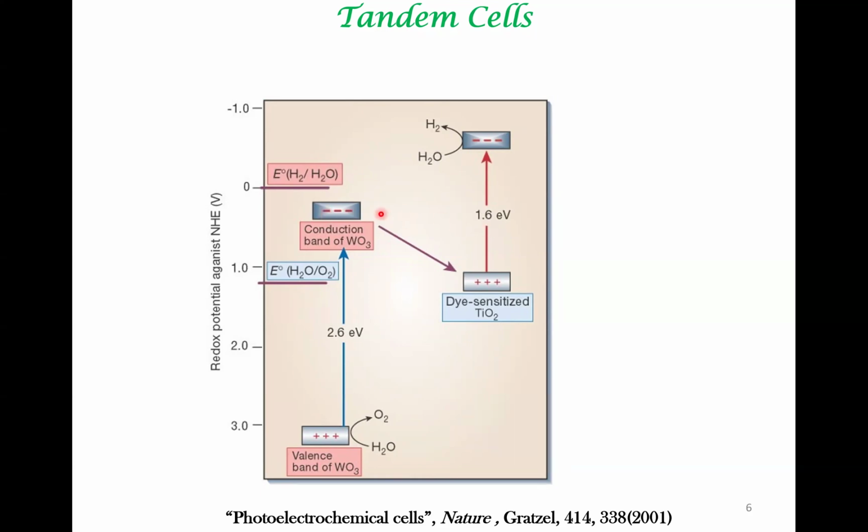So instead of that, you have a tandem cell. Tandem means two things are combined together. So if you absorb two photons, there is this system, okay, which has a different HOMO-LUMO. There is the highest occupied molecular orbital, lowest unoccupied molecular orbital. So this will capture light. There'll be excitation here. There'll be excitation here.